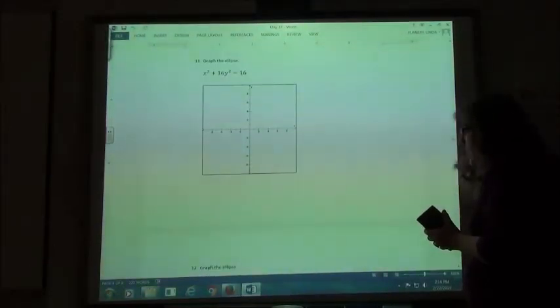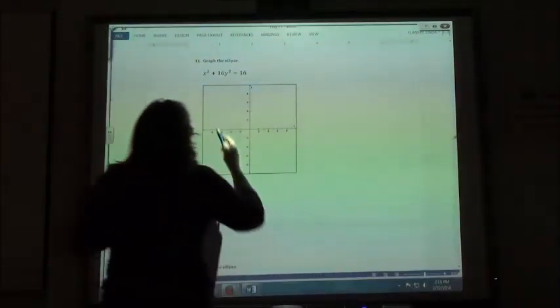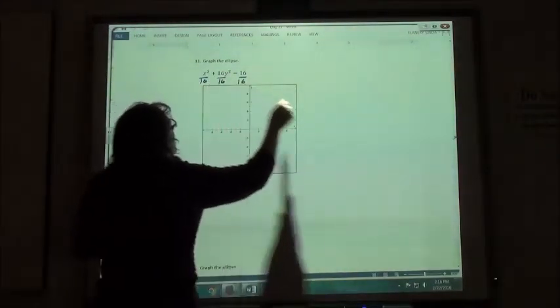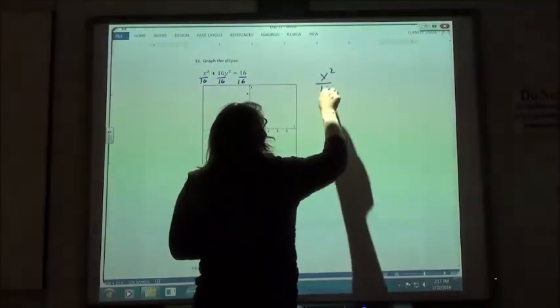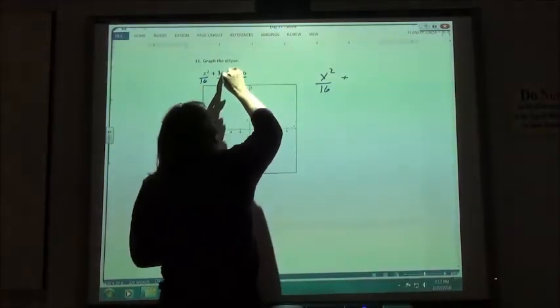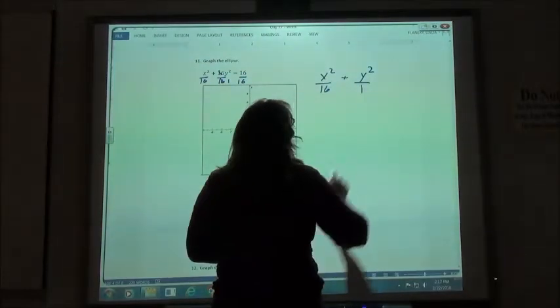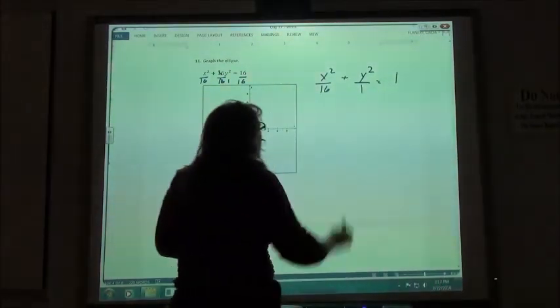So on number 11, we're going to divide by 16. So we're going to have x squared over 16 plus, this is going to be 1, so just to remind you, y squared over 1 equals 1.